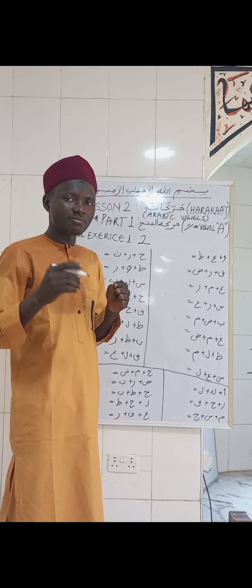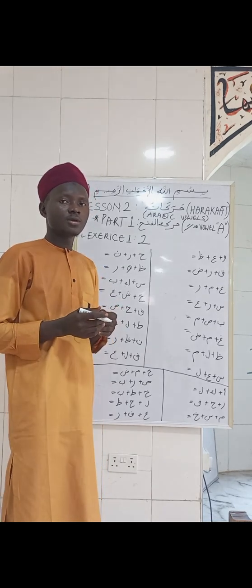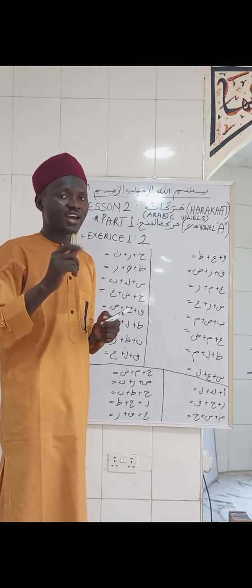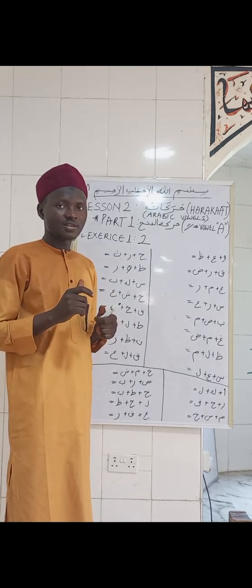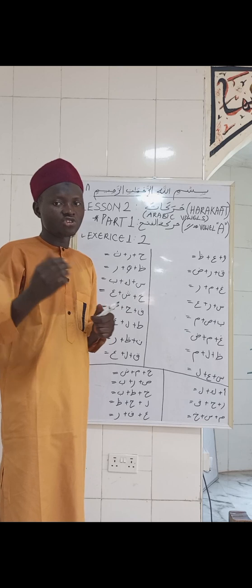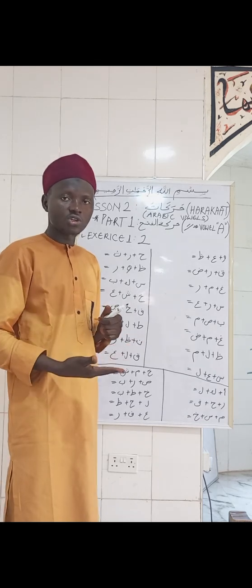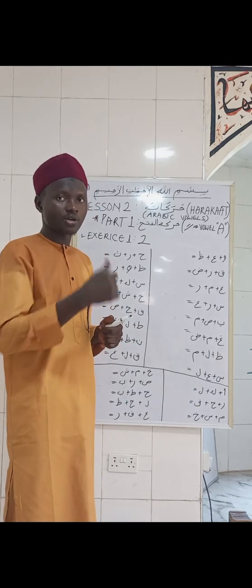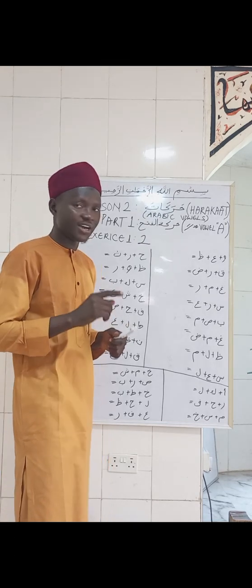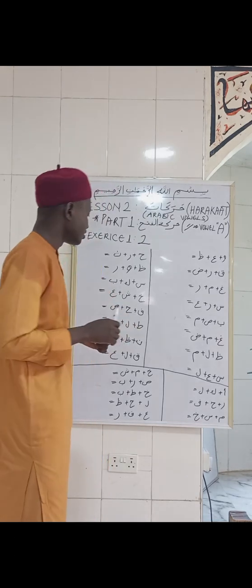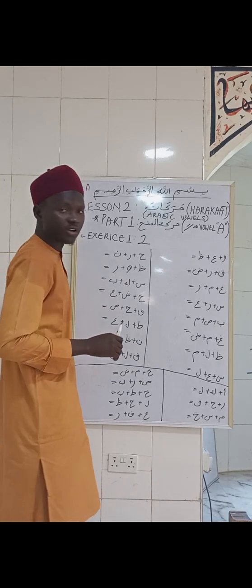Then you can print it if you wish, especially if it is your device you are using to follow this lesson. Except if you have two devices, you use one to look through the PDF and the other to watch the video. Otherwise, you are advised to print the book so that you can follow effectively.